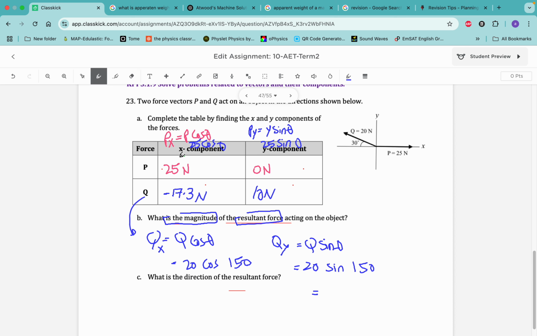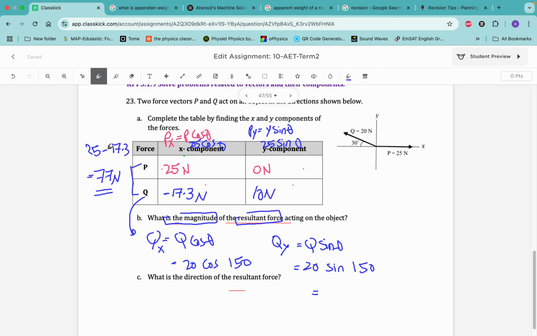For x, these two x components, one positive and the other negative, so we subtract: 25 minus 17.3 gives 7.7 Newton.